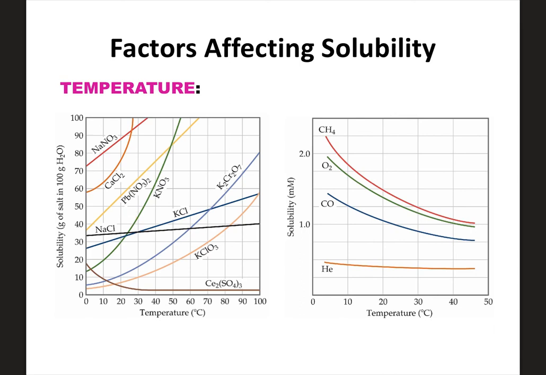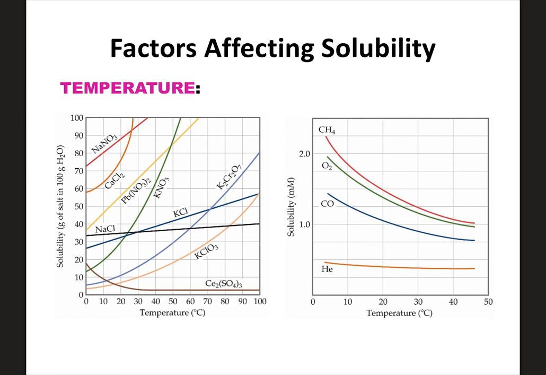All right, so what that means is if you had a temperature of 30 degrees Celsius here, for your KNO3, you could put 45 grams of it in 100 grams of water and it would totally dissolve. All right. But if you were at 30 degrees Celsius and you tried to add, say, 60 grams of the KNO3, it wouldn't dissolve because at 30 degrees Celsius, it can only hold about 45 grams.